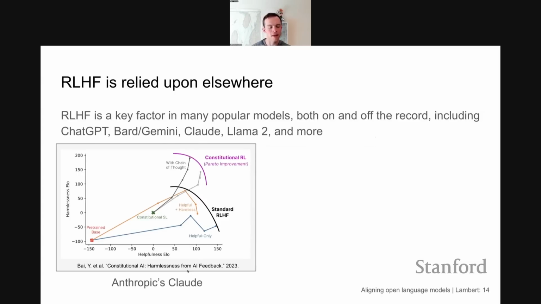These Elo measurements aren't calibrated, so we don't know how to compare Llama 3 on this chart to Anthropic's models, but the level of investment that Anthropic has had in these techniques, and showing these wide-ranging improvements of their models with RLHF, is a flag that we can follow to try to learn how to do alignment with this much precision and this much impact as places like Anthropic or OpenAI have.